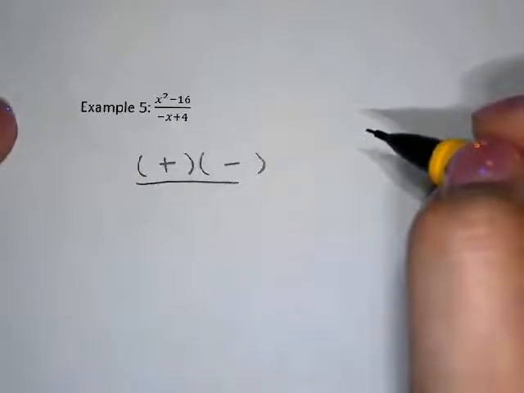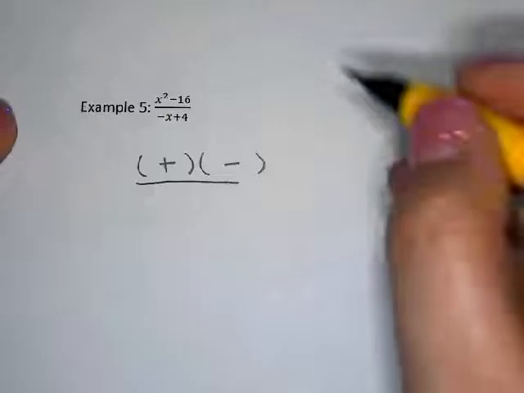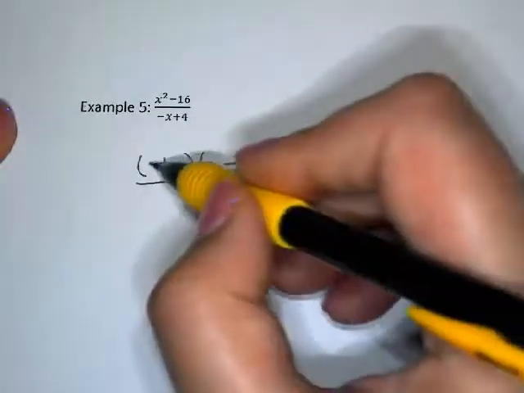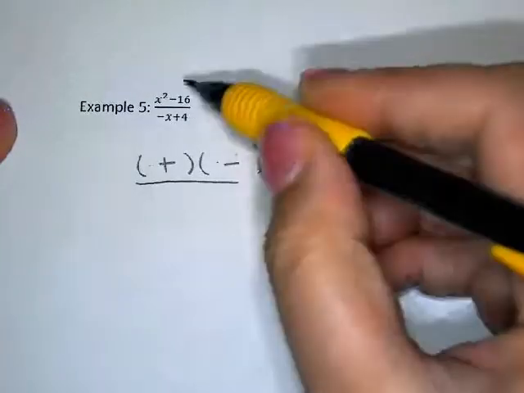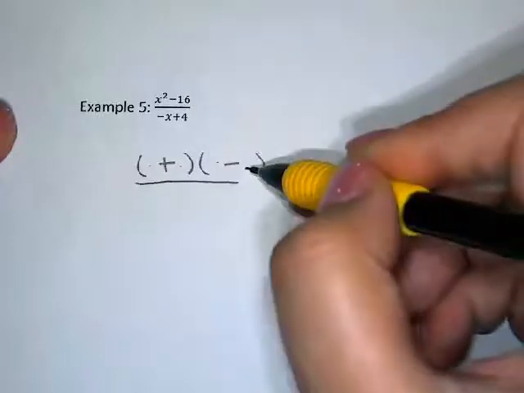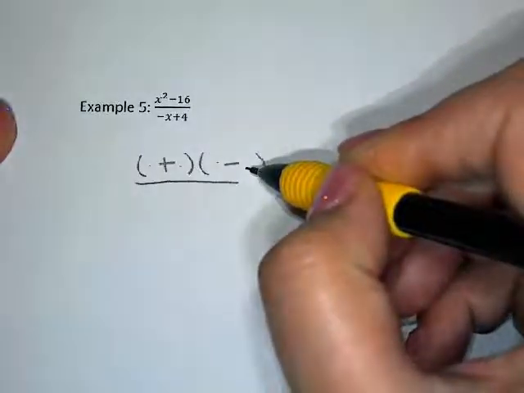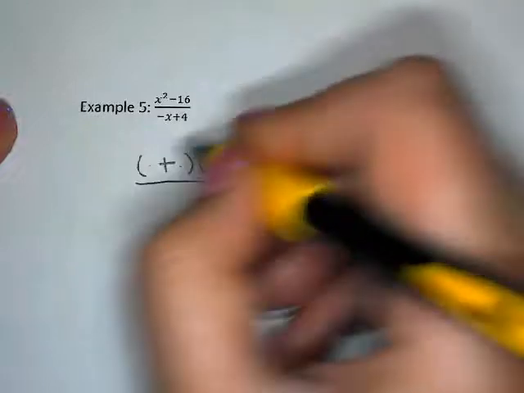No. So we say for the x squared, it's going to be something and something. And then for the 16, it's going to be something and something. X plus 4, x minus 4.